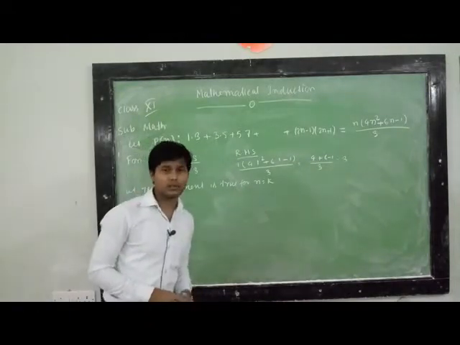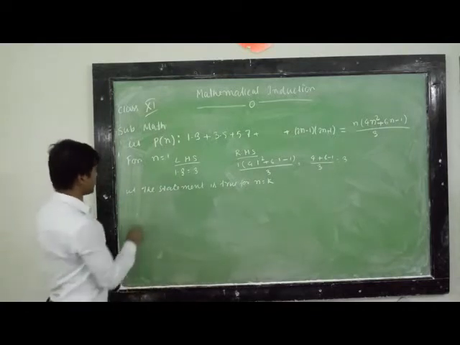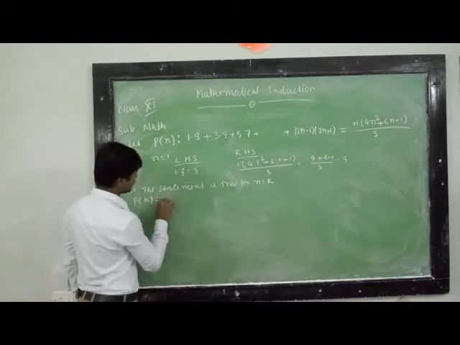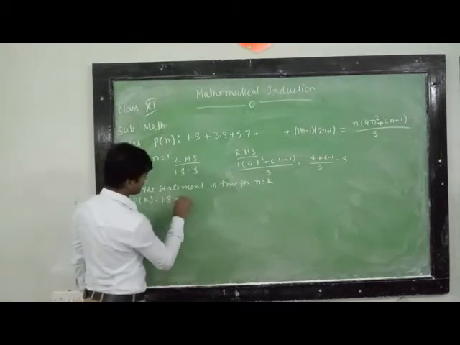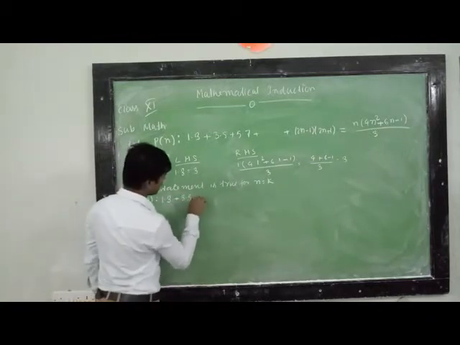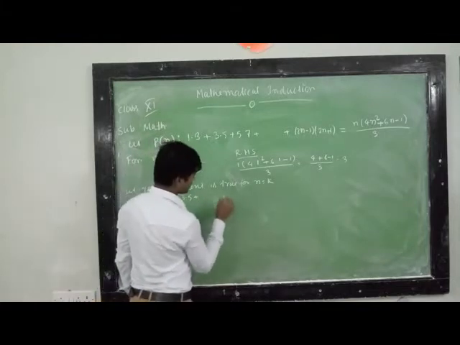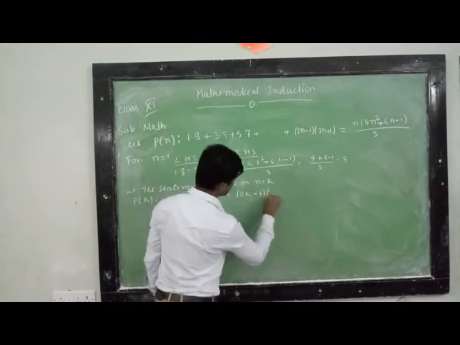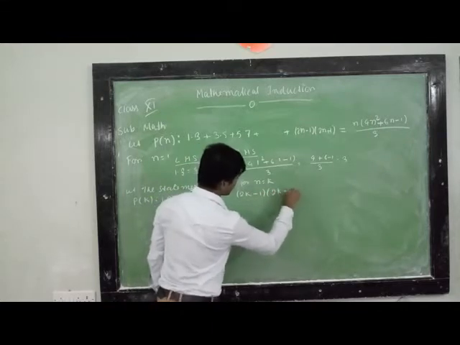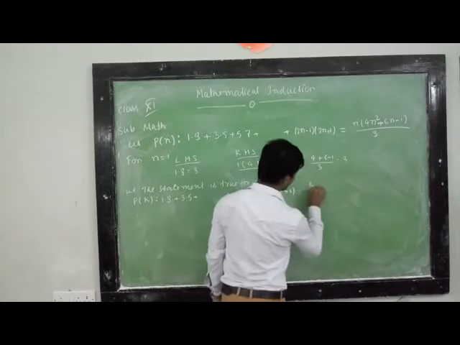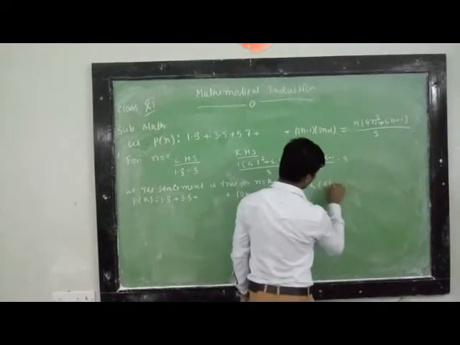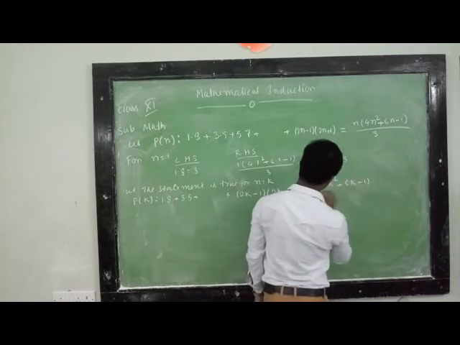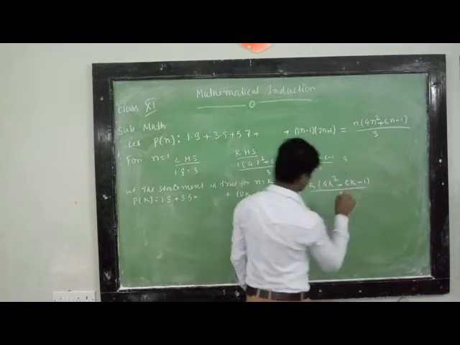So as the statement is true for n equal to k, P of k can be written in the form 1 into 3 plus 3 into 5 plus 5 into 7 plus ... plus 2k minus 1 into 2k plus 1, which is equal to k into 4k square plus 6k minus 1 by 3.